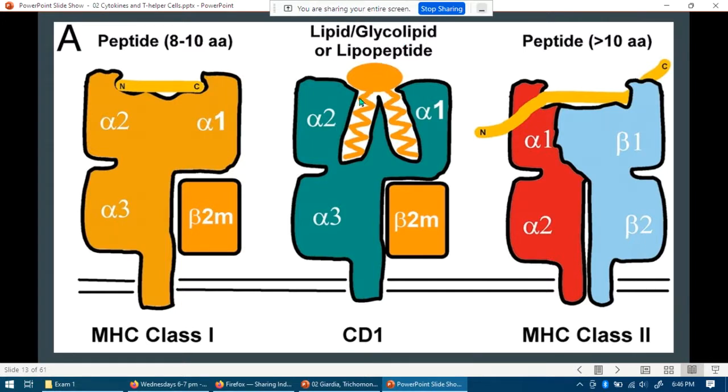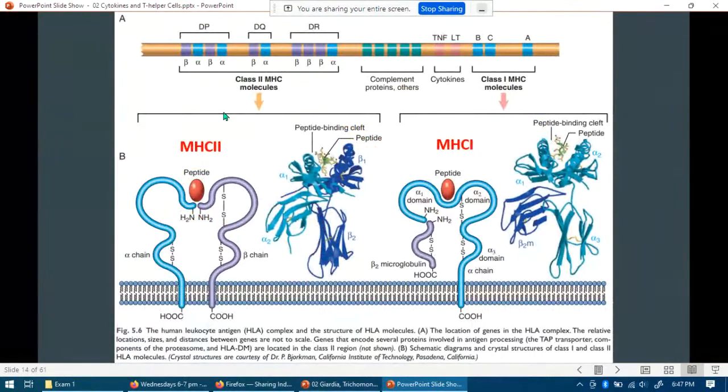And there are a very large number of pathogens, especially bacterial pathogens, that need CD1 to be present in order for us to fight them off. Okay, so CD1 presents lipids, MHC presents peptides to T cells. Okay, and this is another figure showing you the MHC proteins.